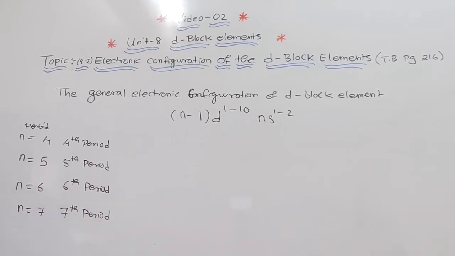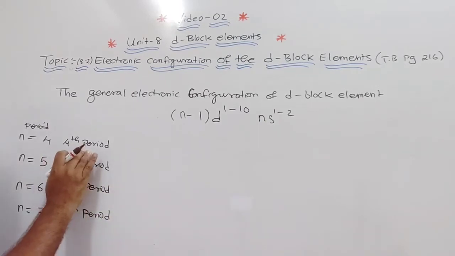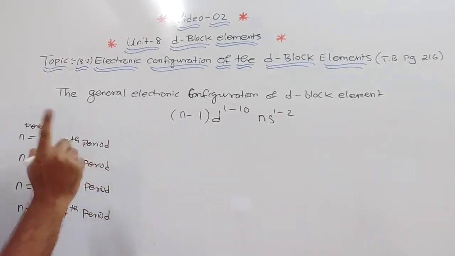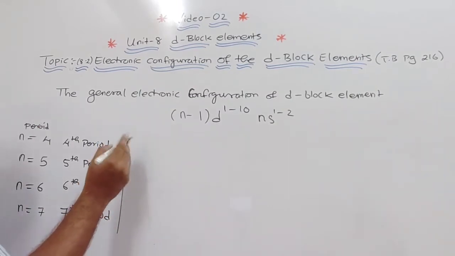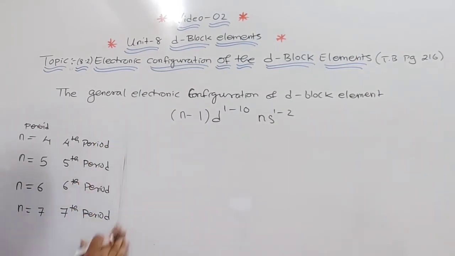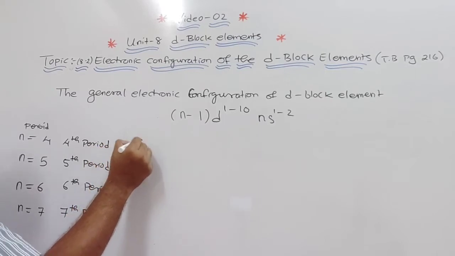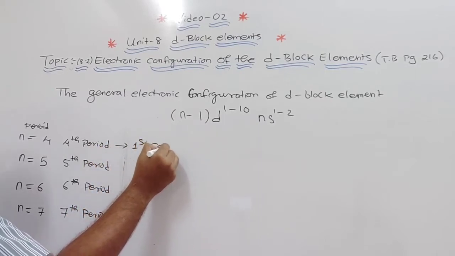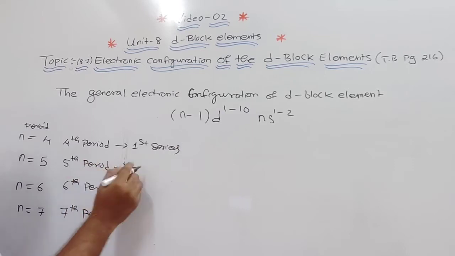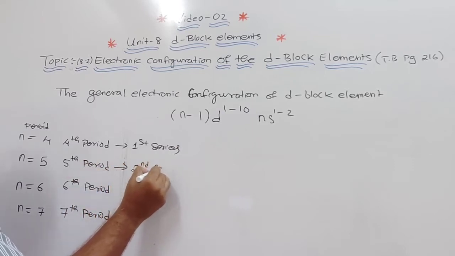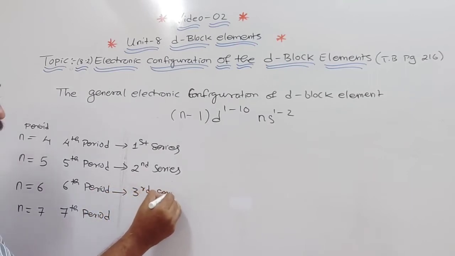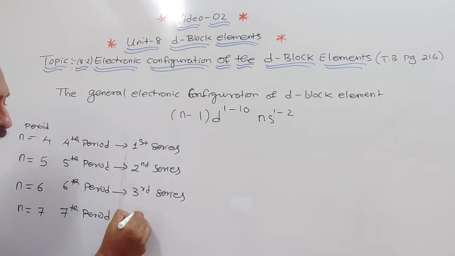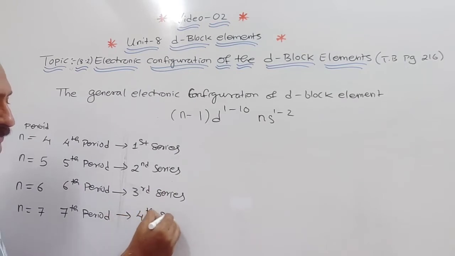Now the fourth period is called the first transition series. Fifth period, second series. Sixth period, third series. There are 4 series, and seventh period, fourth series.